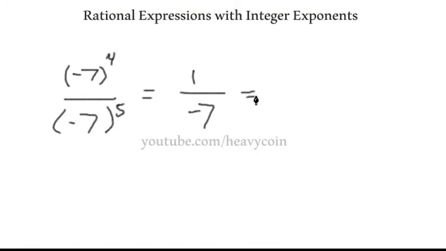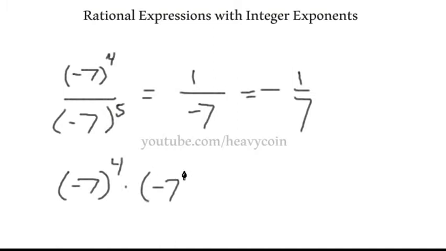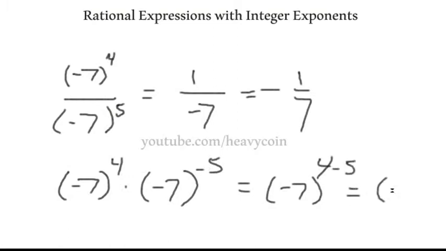Of course, you can always take this negative and bring it out front. Now remember, we can do this the old-fashioned way, taking this up into the numerator, but that becomes a negative, adding exponents, and so you have 4 minus 5, which ends up with negative 7 to the negative 1.